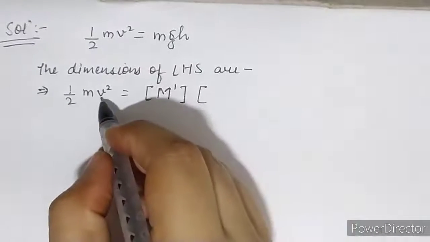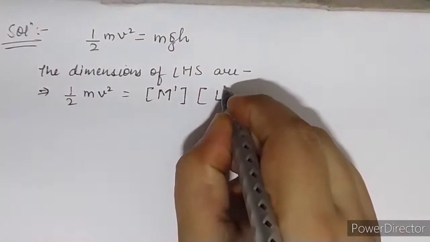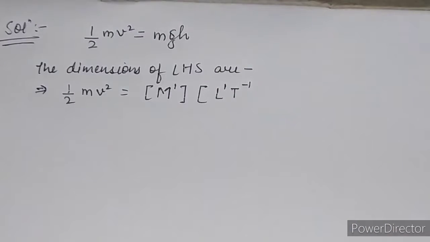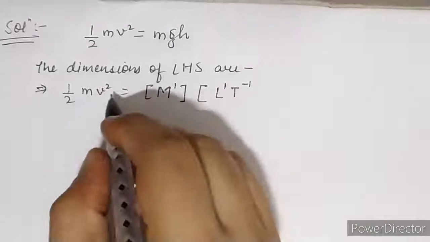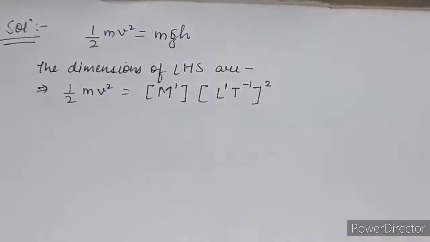Now the second, this is your velocity. So what is velocity, beta? Meter per second. Meter means L1, per second means T minus 1. Always remember, while doing dimensional applications, you have to be well aware of the dimensional formulas also. So L1 T minus 1 has the power 2, square is there.